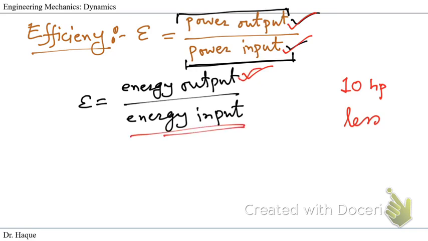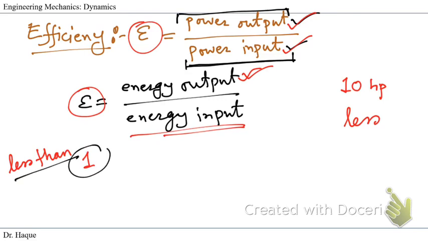This tells us that efficiency could be at most 1, which is not possible, so efficiency is always less than 1.